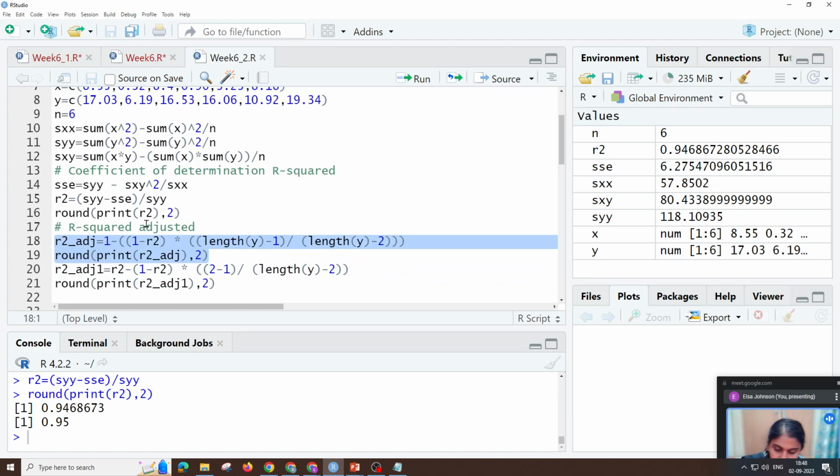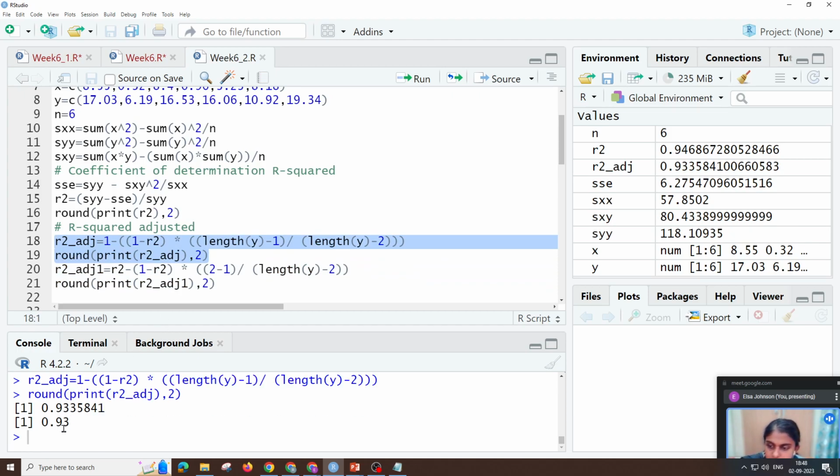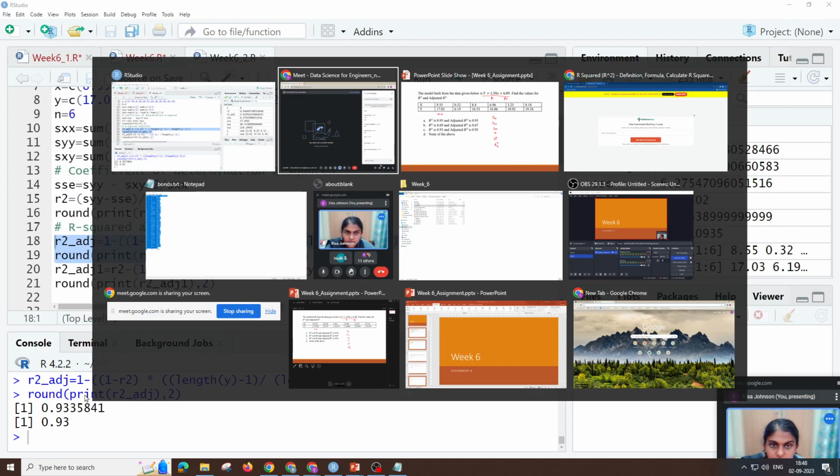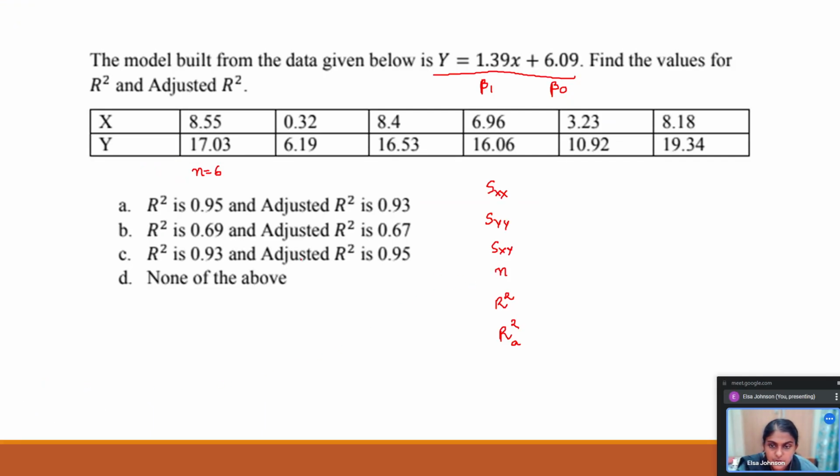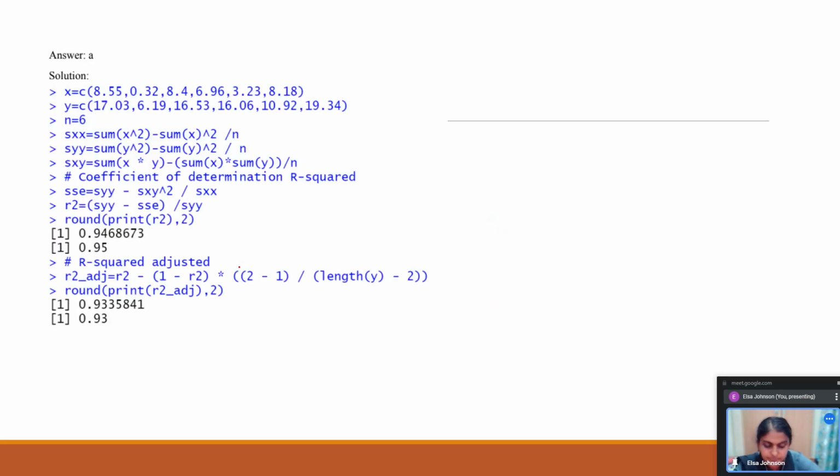That's what I've given in the other one. So you will get it as 0.9335. Okay, so 0.93 is the answer. Okay, so I have just given the explanation, not in RStudio also. This is how you can calculate it.